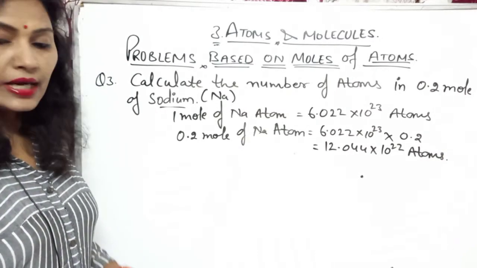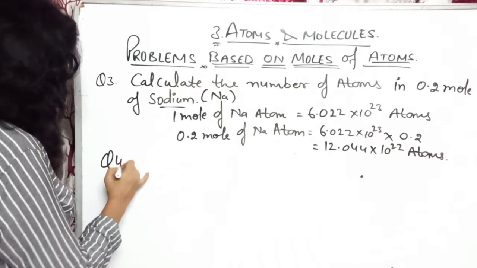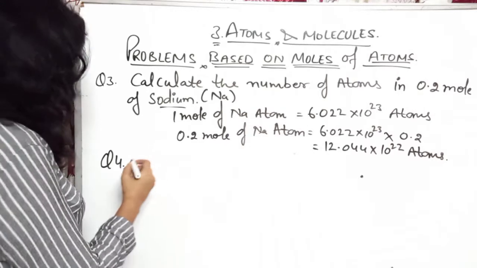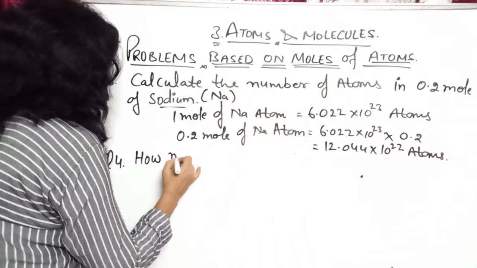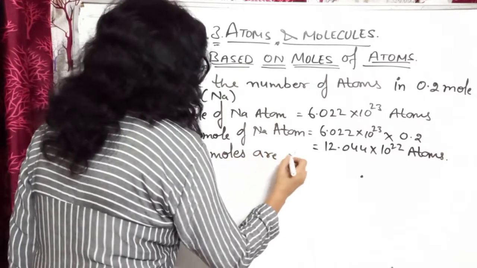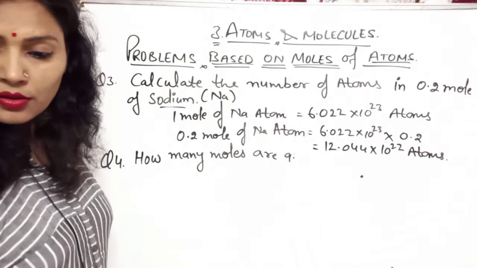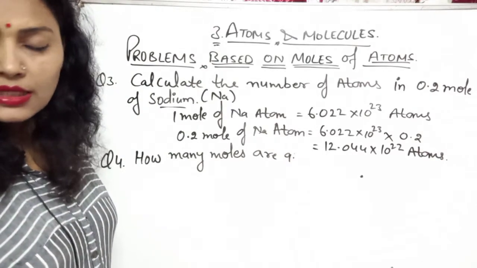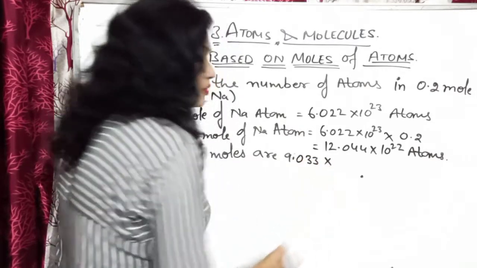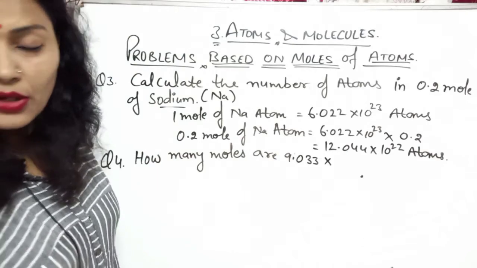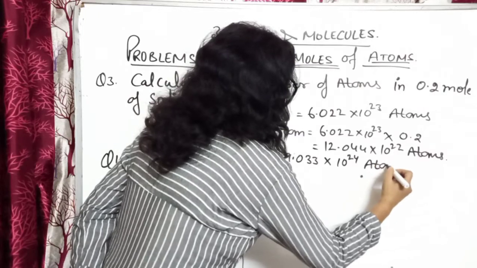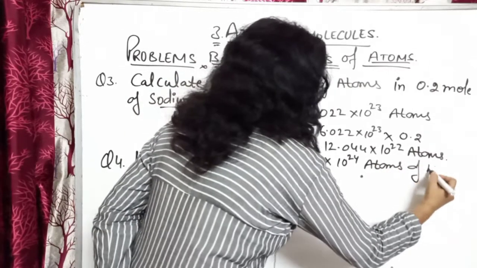Now let us write the next problem. How many moles are there in 9.033 into 10 to the power 24 atoms of helium?